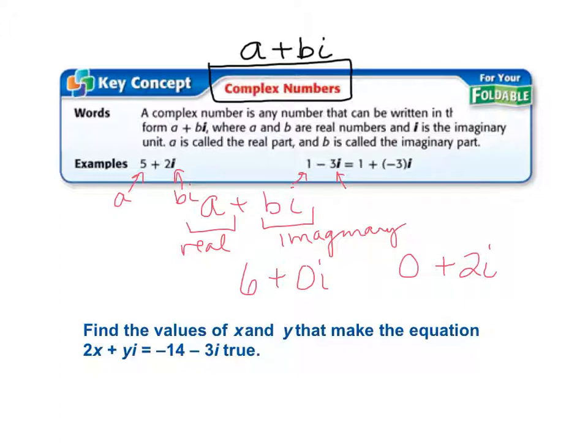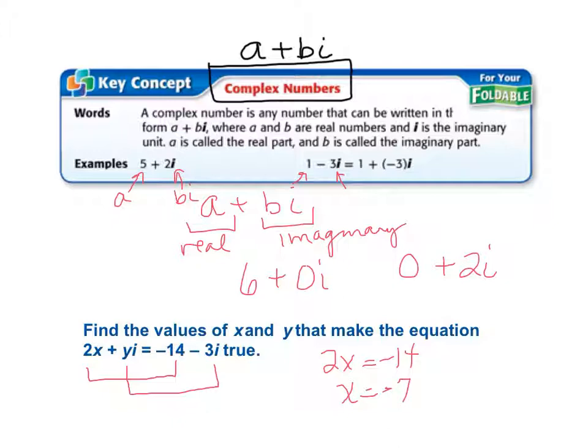It says find the values of x and y that make the equation 2x plus yi equal negative 14 minus 3i true. Right, so you would see that 2x would go with the real part, and yi would go with the non-real part. So you would see here that 2x equals negative 14, so x is negative 7.